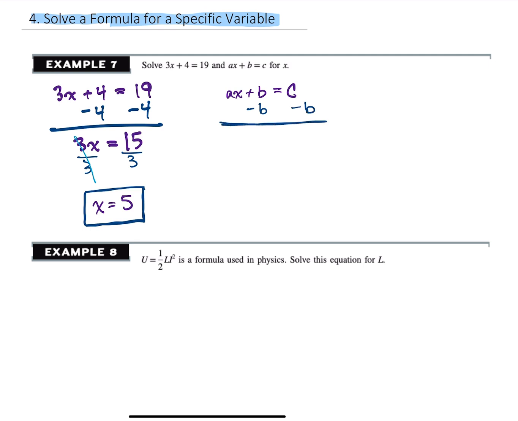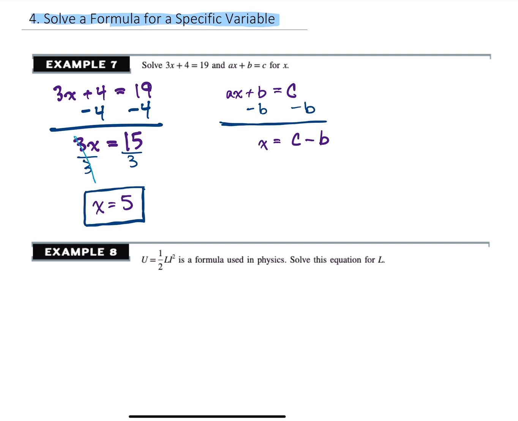Now here, since we don't know specifically what c or b is, we can just say this will be a times x equals whatever c minus b is. We'll just leave it there. So on the left side here, we were able to actually do the subtraction, but when it's still general like this with the other variables, we'll just leave it, we'll say this is equal to whatever that subtraction would be. And then let's continue.